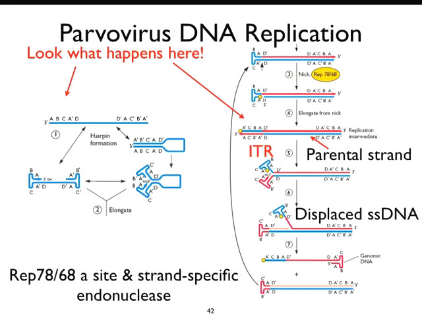When this molecule forms, Rep 78/68 recognizes this sequence, and it cleaves it. Now look what you've got. You've got the Rep protein sitting at the end of the molecule, at the 5' end of the molecule, and the molecule is part new and part old, something borrowed, something blue.